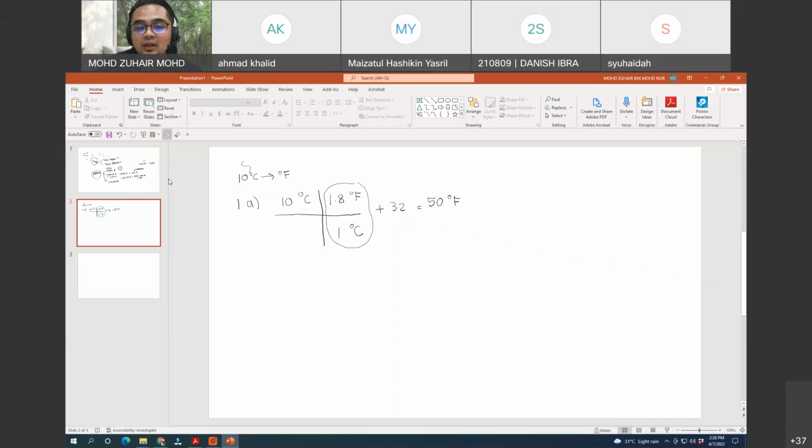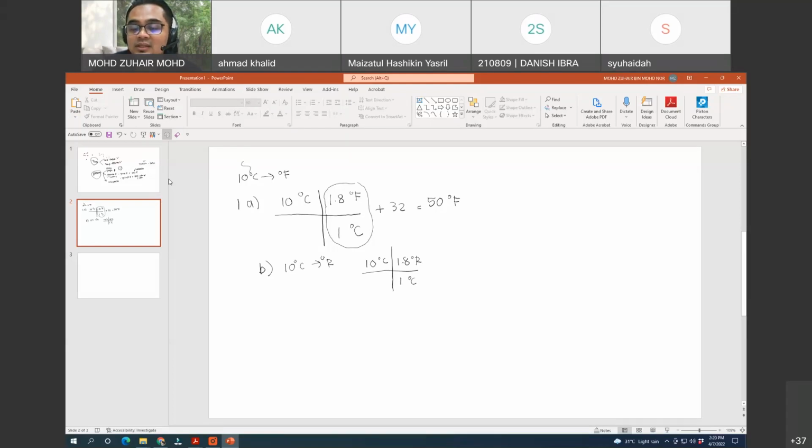So number 1A, and for number 1B, we want to convert from 10 degree C to Rankine. Okay, so 10 degree C, now we want to convert to degree Rankine. Okay, so again, the same thing, 10 degree C. We try to do the conversion first. 1 degree C is equal to 1.8 Rankine.